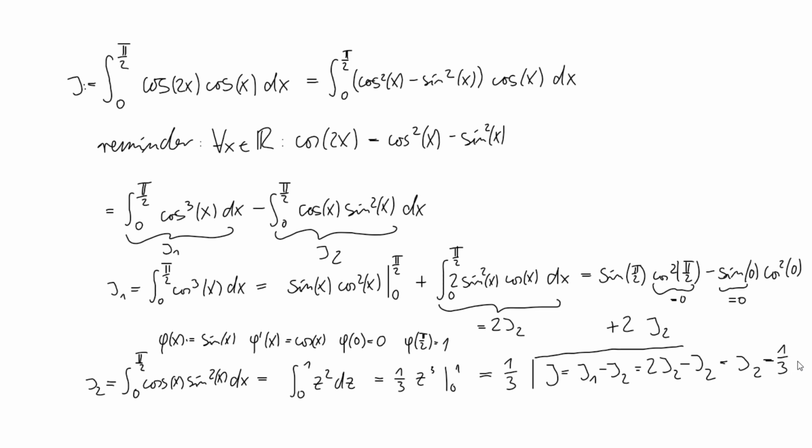So we get that the integral of cosine of 2x times cosine of x from 0 to pi over 2 is just 1/3. Kind of not too easy, but in the end we got it.